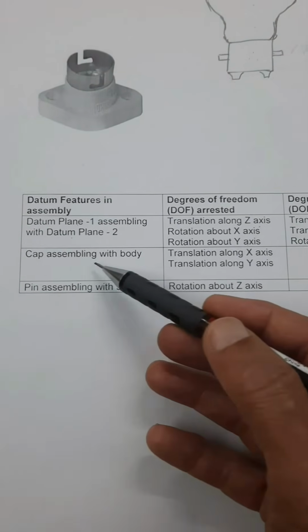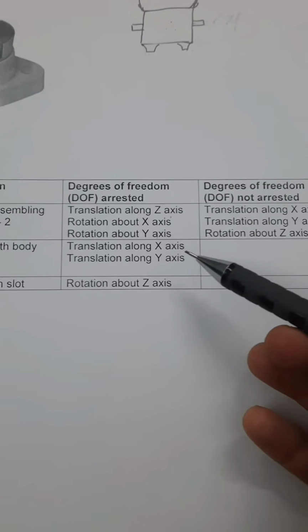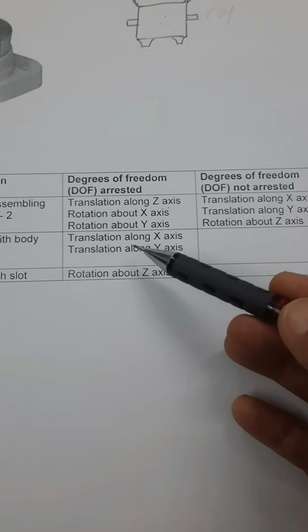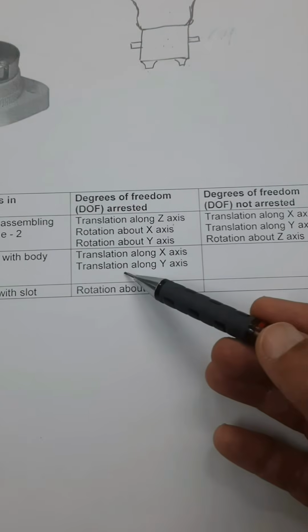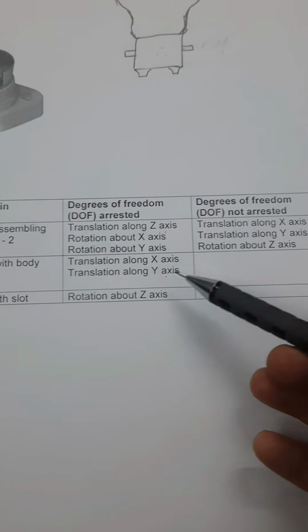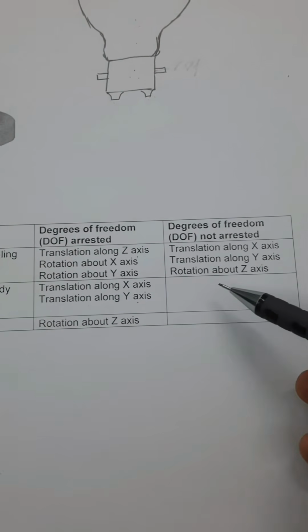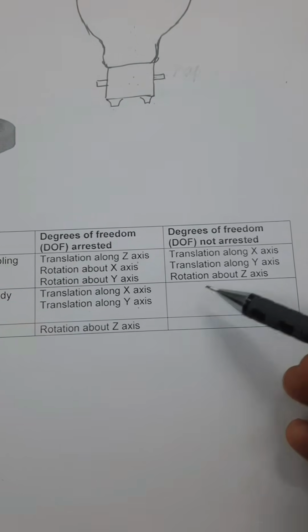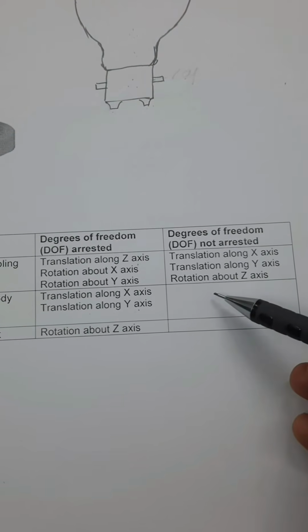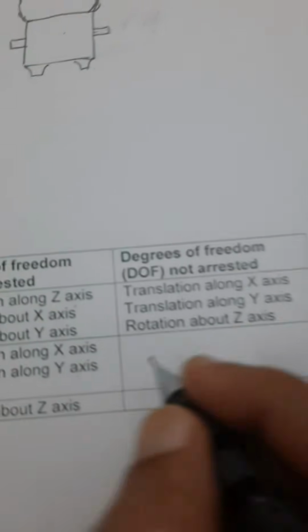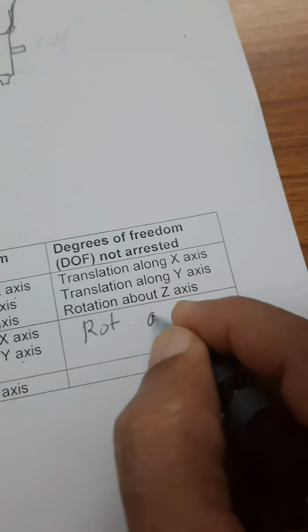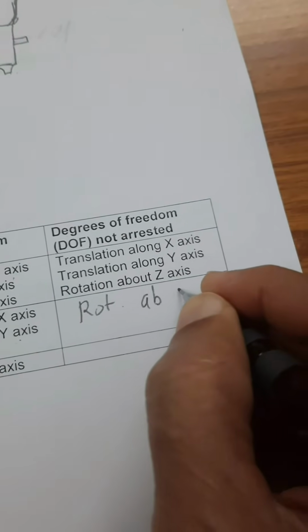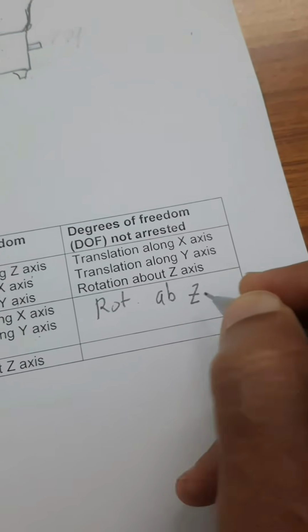So cap assembling with the body, translation along X is arrested, translation along Y is arrested. The remaining one, which is not yet arrested, is rotation about Z. So still the rotation about Z is not yet arrested.